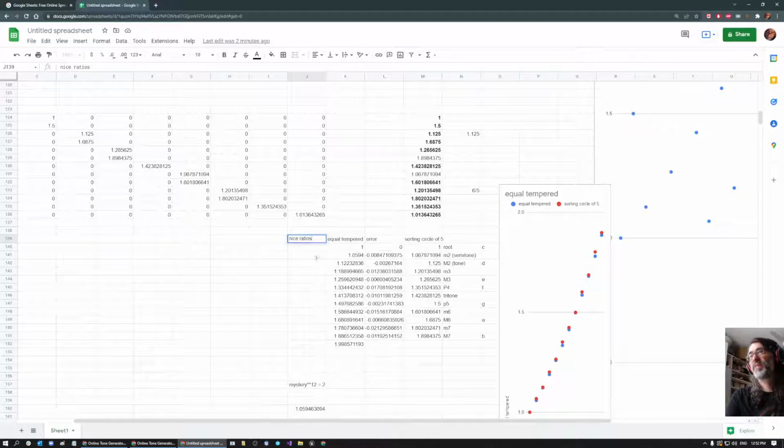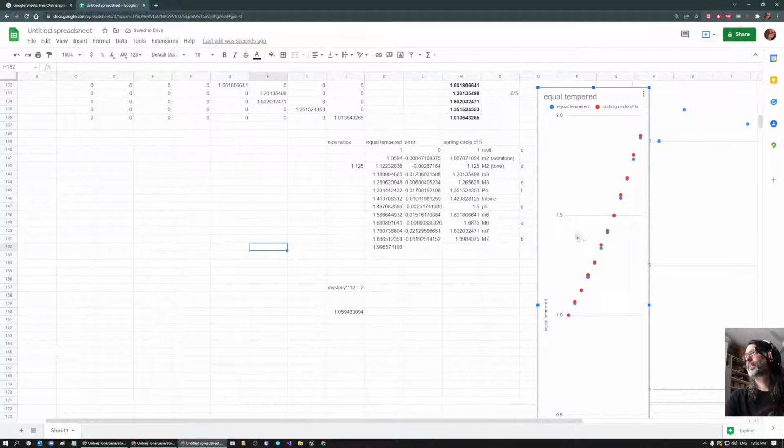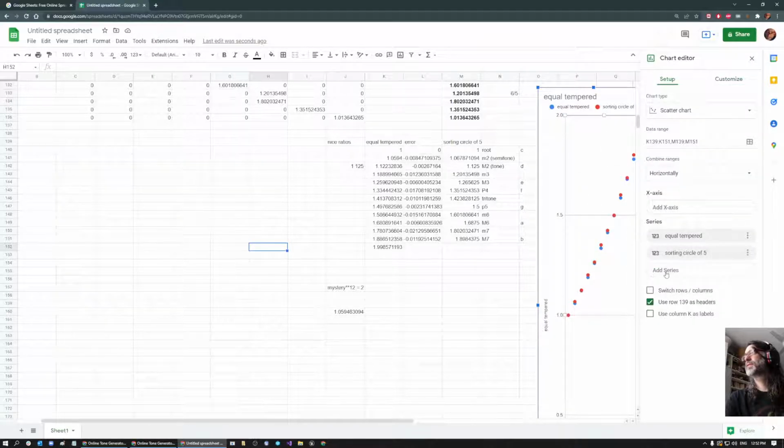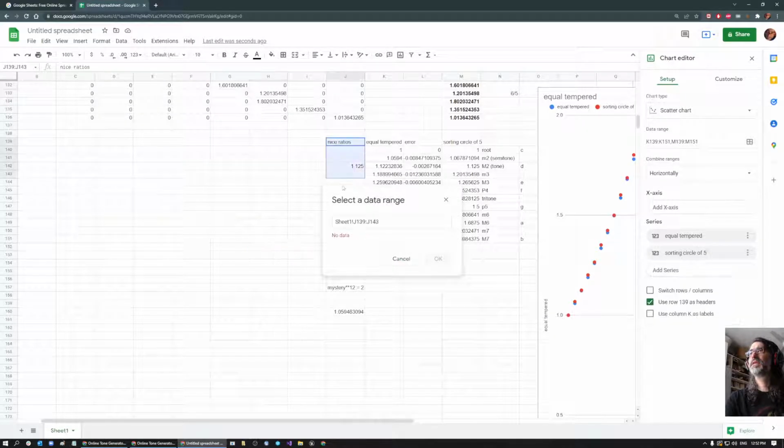Some of them have this 1.125, right here. So I can add this here. So I'm gonna add a nice setup, add a series, and bring in the nice ratio.